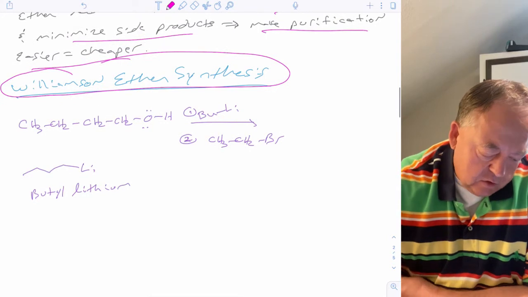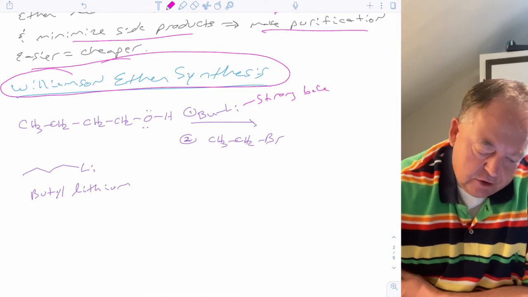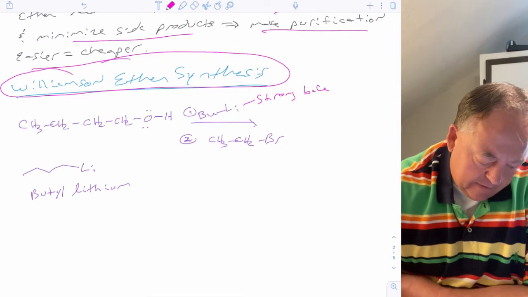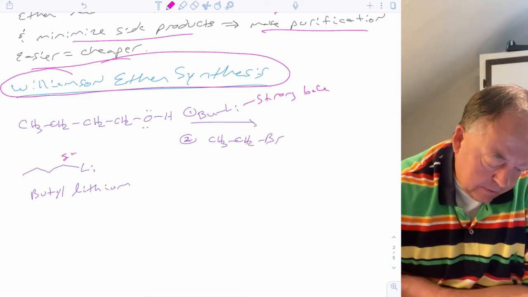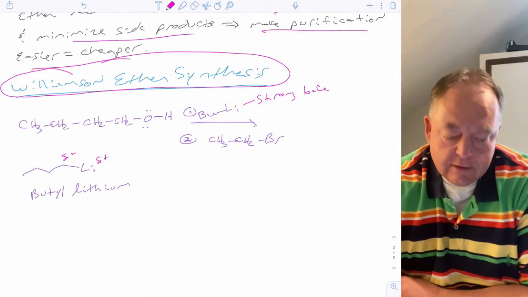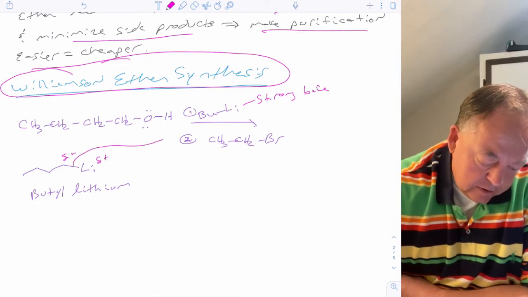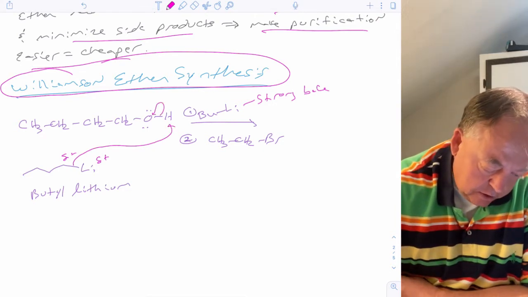Okay, so the way that this works is you would take an alcohol and you would react it with a strong base to deprotonate the alcohol. So butyllithium would be an example. We haven't talked about this before as a base, but it's a very strong base because carbon's partial negative, right? Lithium's partial positive. So this carbon can use these two electrons to make a bond to that hydrogen, and then the OH electrons become a lone pair.